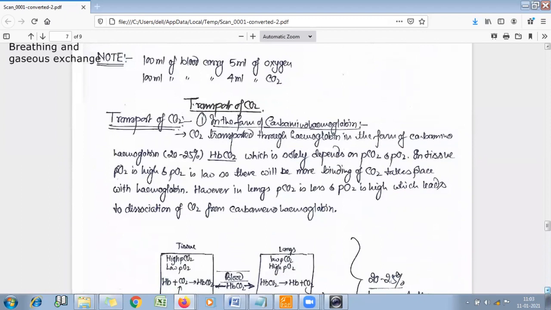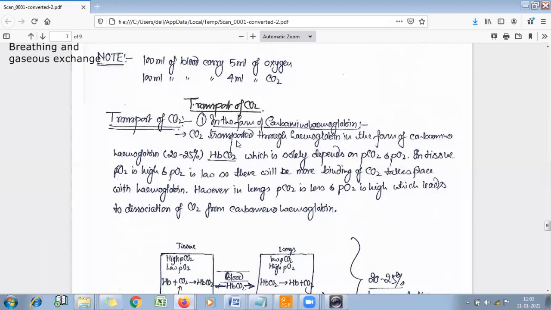So the first one is in the form of carbaminohemoglobin. It means how this carbon dioxide binds with hemoglobin. So we can see here carbon dioxide is transported through hemoglobin in the form of carbaminohemoglobin, and it is 20 to 25% of carbon dioxide.